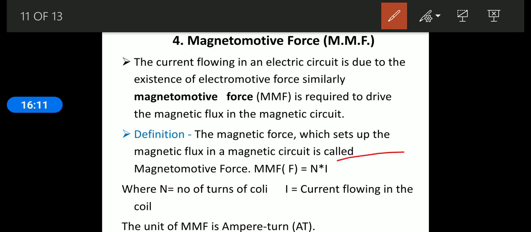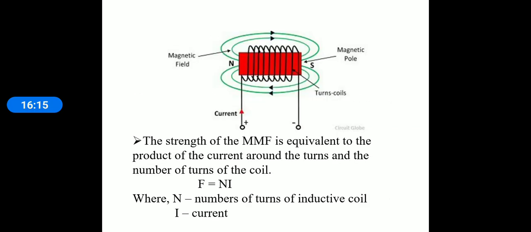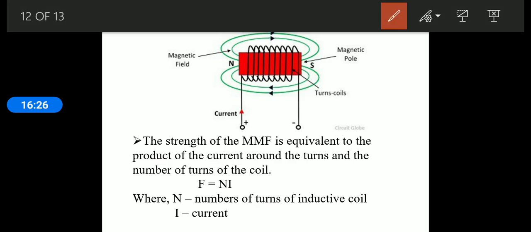This is the magnetic circuit. In the magnetic circuit, this is the core. On the core, the coil is wound. The core is made from iron.